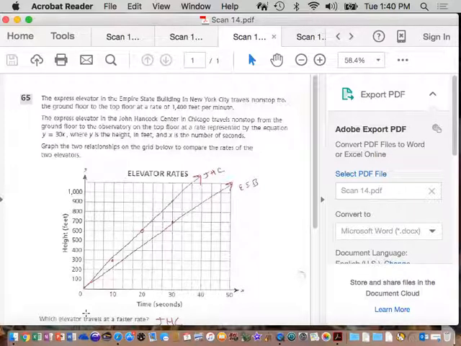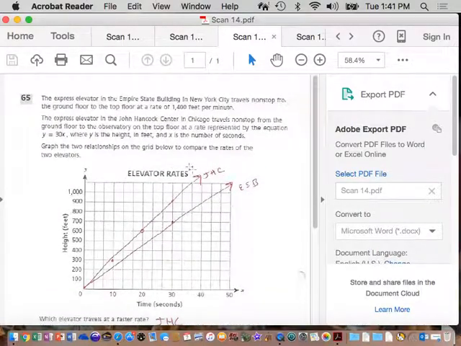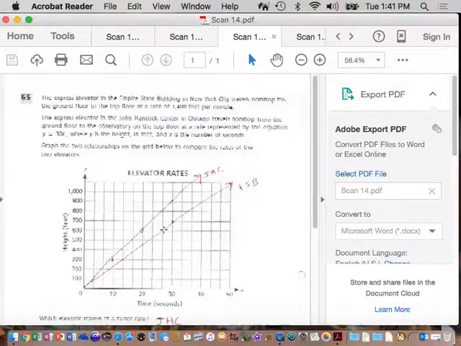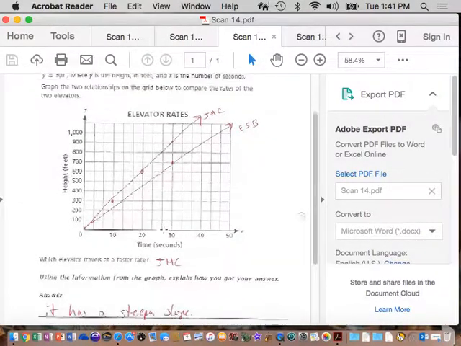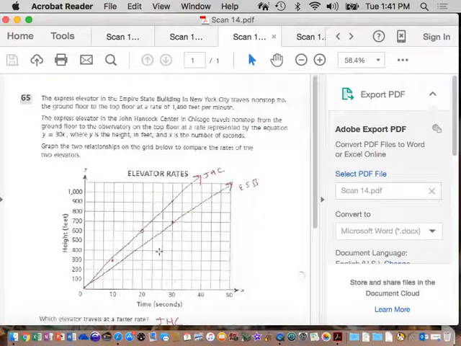And then you go to time, what does it say there? Somewhere in here it tells you. Oh, to the top of the building, and it's 1,440 feet tall. So then you just draw the line through there, and then you look for whichever one has the steeper slope. That means it goes up faster. That's the John Hancock Center, and it has a steeper slope.